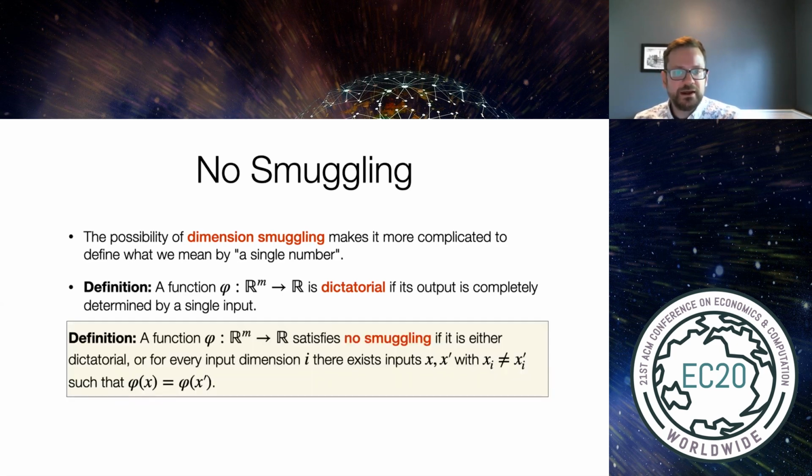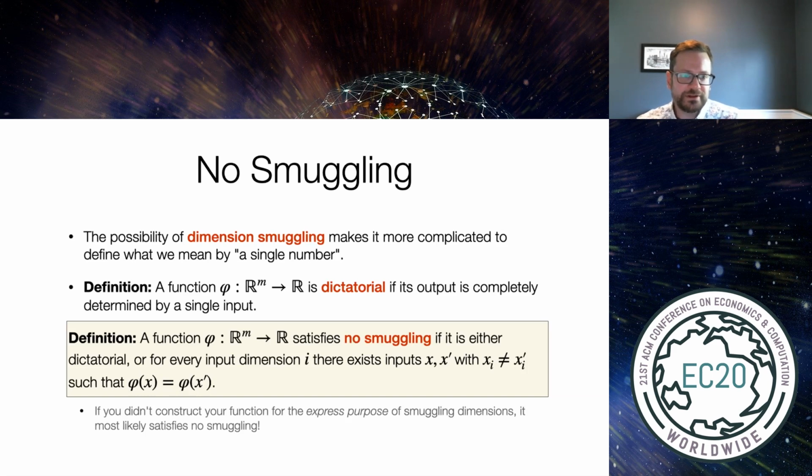And then we're going to say a function is non-smuggling if either it's dictatorial or if for every single dimension of input, every single index, there exists a pair of vectors that differ in that input, but the function gives the same answer. Okay, so I can fiddle around with the other dimensions to make the output be the same.